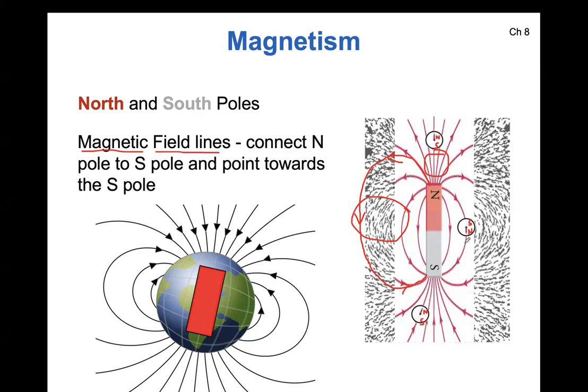So that's a repulsive force. If you have two south poles, they'll push against each other, also a repulsive force. But if you combine a north pole with a south pole of a magnet, they will pull towards each other as an attractive force.